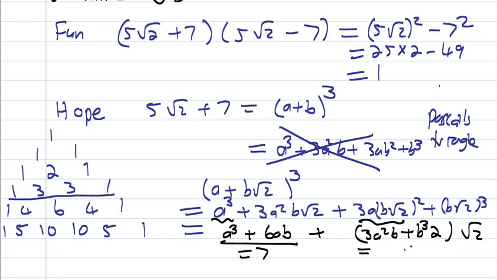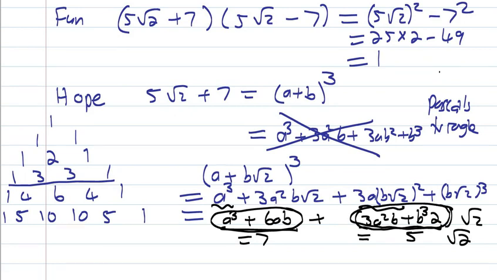And I'm hoping that this guy is 5 root 2. So I want this guy to be 7. And I want this guy to be 5. So using inspection, what do you guys think will work for the one circle to be 7 and the other circle to be 5? It's quite clear.